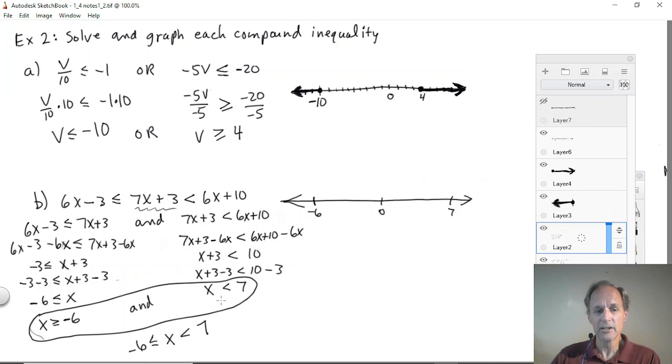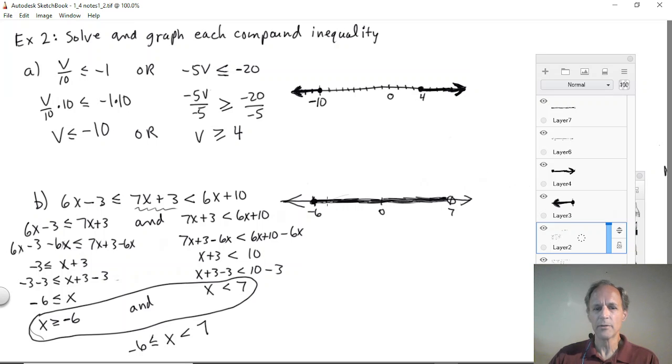And x is also less than 7, so we can write it in the middle similar to what the original problem was. This makes it clear x is bracketed. But without writing it that way, you can already tell x is bracketed just by looking at the AND result that we had. Well, because it's bigger than negative 6, greater than that, and it's also less than 7. So it has to be between the two. So here they are. And there it is.